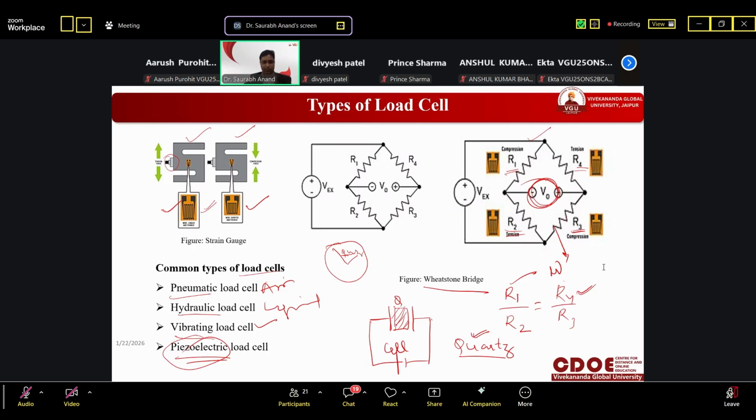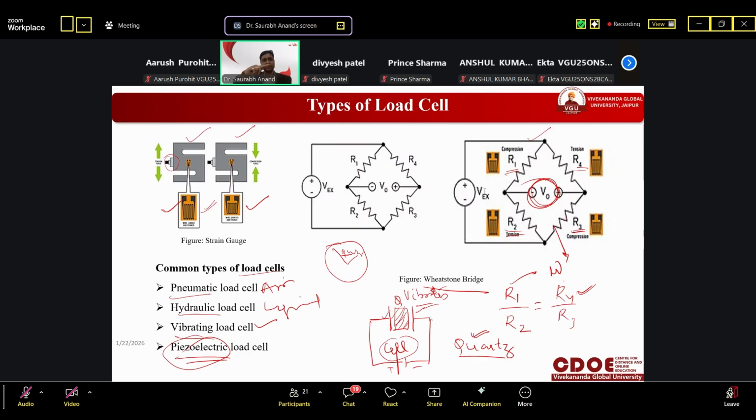Because whenever the cell is connected, this plate will provide the voltage, and depending upon the voltage, it vibrates, and this vibration is applied to that second needle.